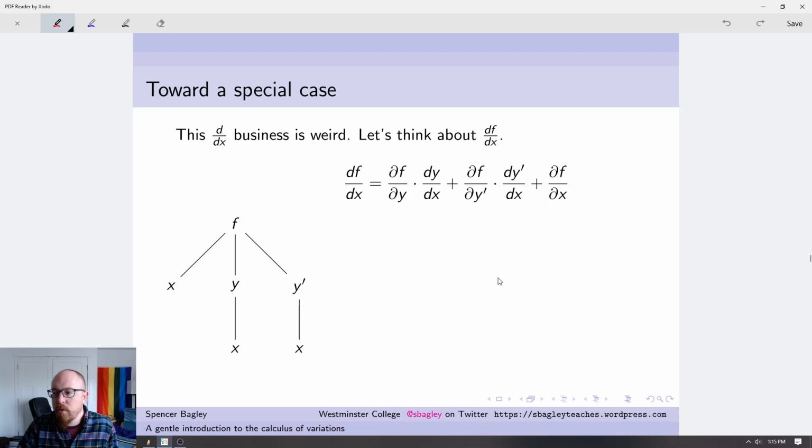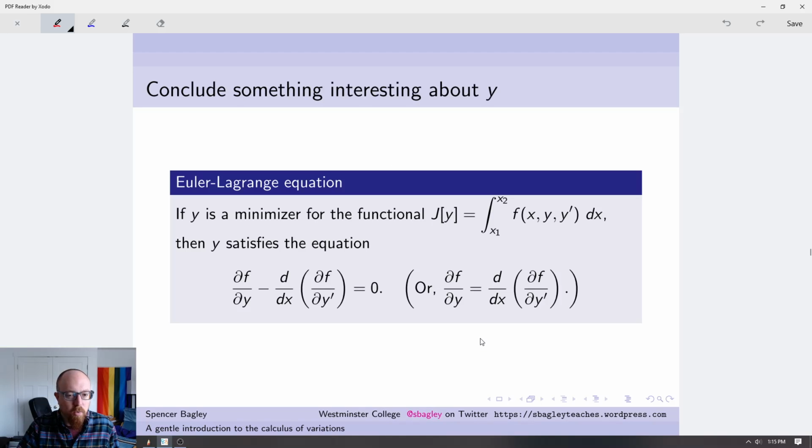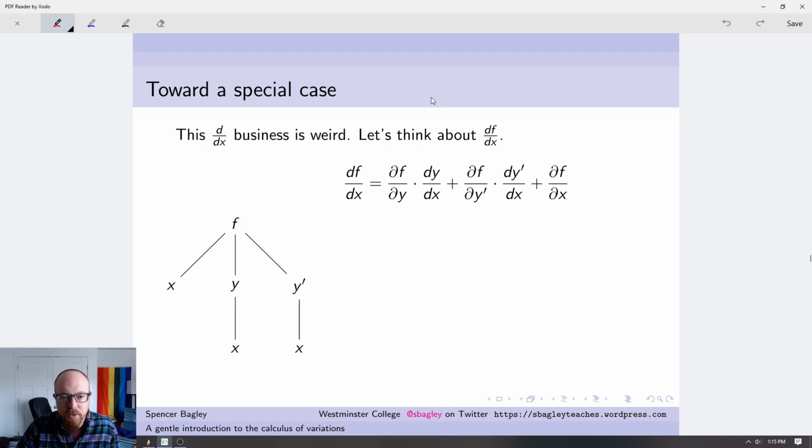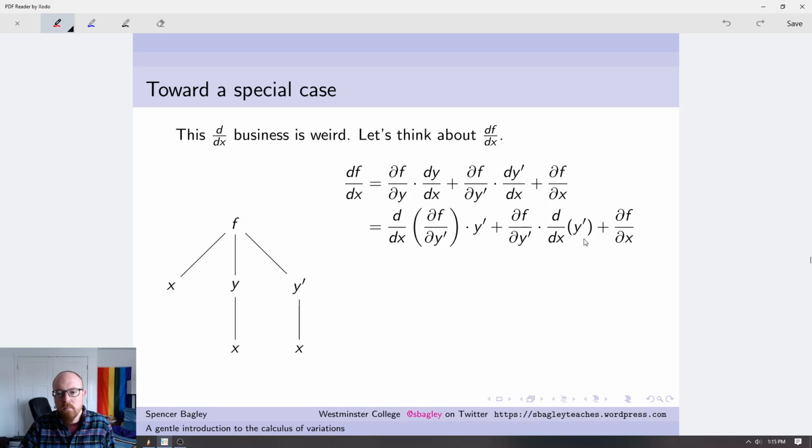So the thing that we just learned from the Euler-Lagrange equation was that the partial of f with respect to y is actually just the x derivative of the partial of f with respect to y prime. So we can replace this here with that. dy/dx is y prime. dy prime/dx I'm going to call the derivative of y prime. Look what I've got here now.